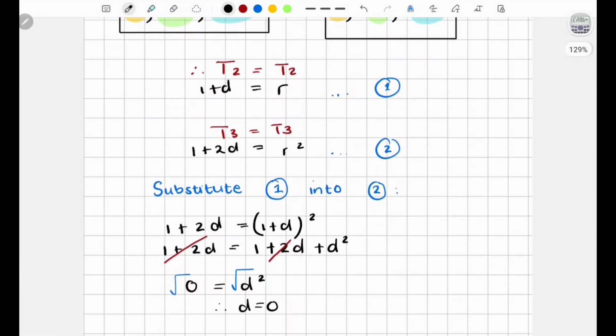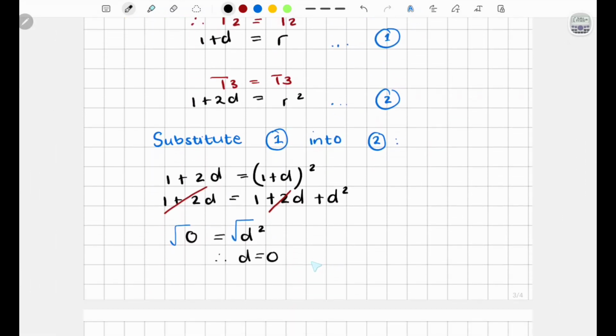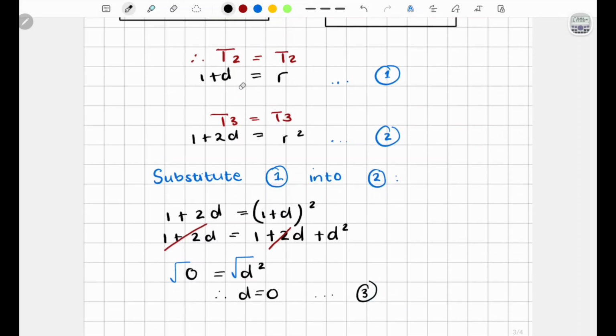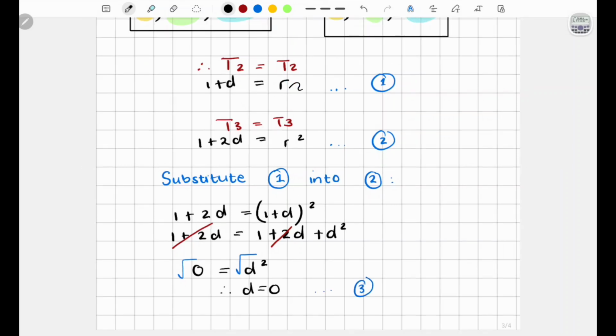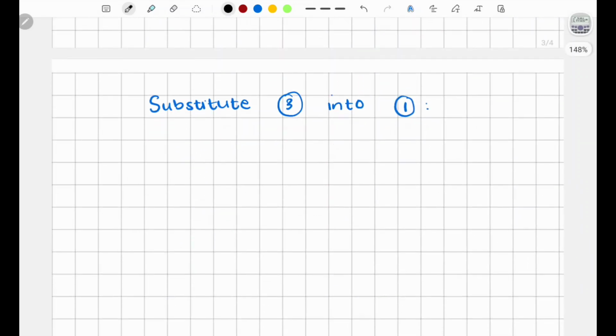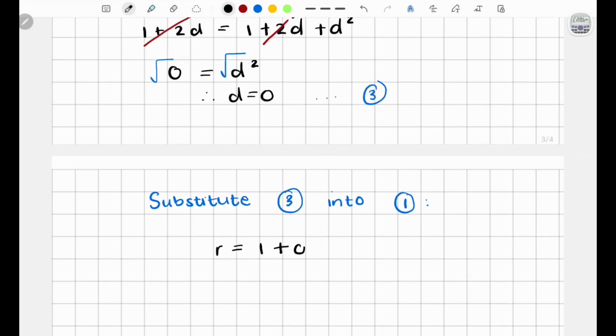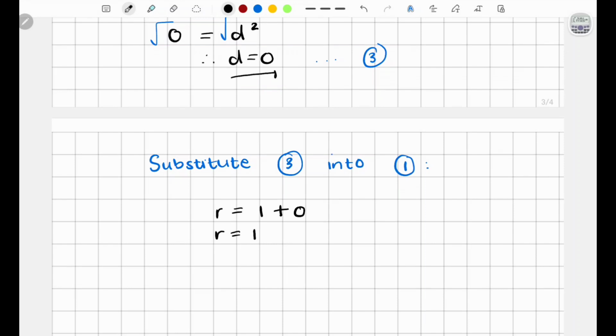Okay, what must the ratio be for this to happen? Well, if you like, you can call this equation 3. Then just substitute equation 3 into equation 1 to find r. So equation 1 is r is equal to 1 plus d. We know d is now 0, so r is equal to 1. So yes, these are actual values.